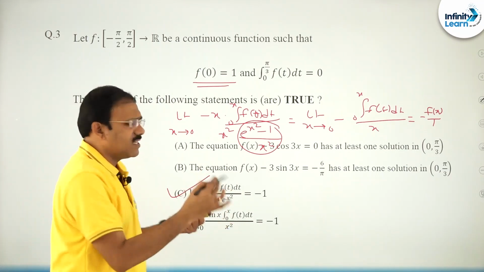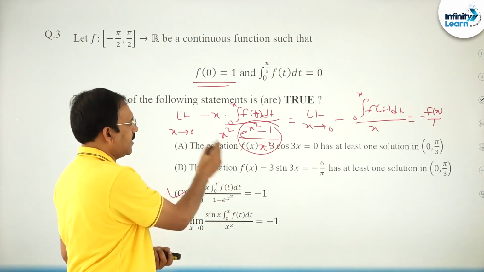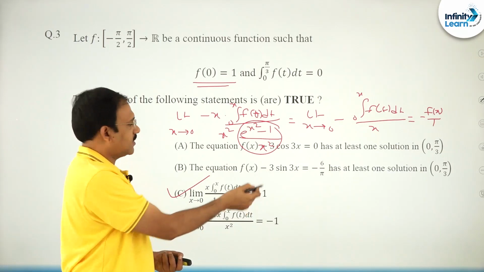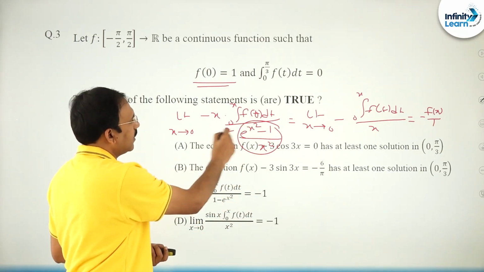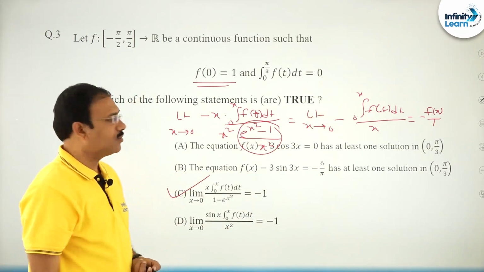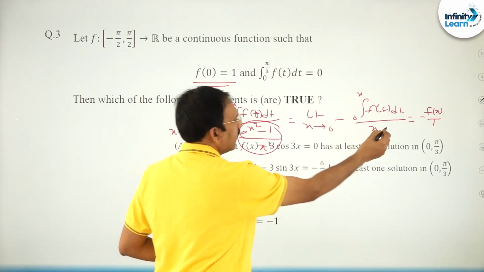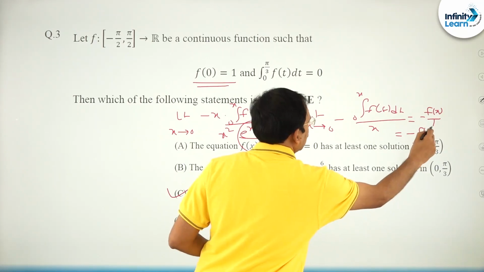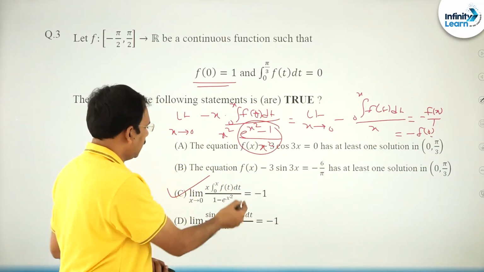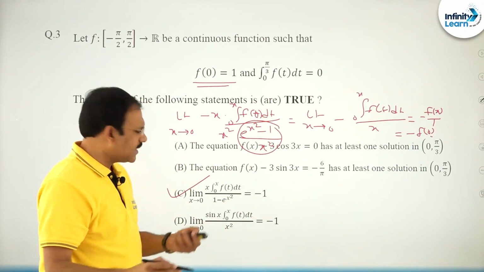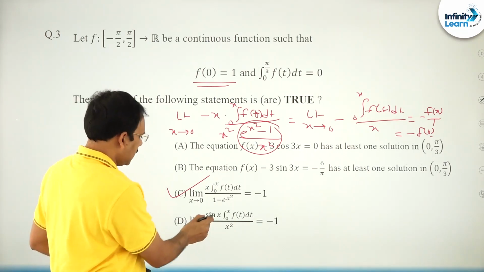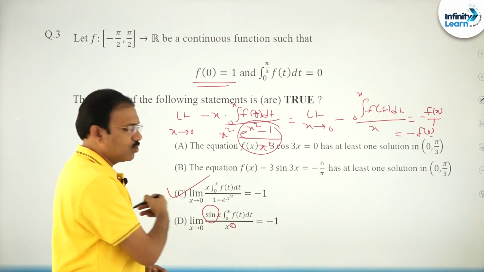Just a little bit of alignment: take minus common, divide and multiply with x square, this limit goes to 1. Now you just apply L'Hospital's rule by Leibniz formula; this is minus f of x at 0, which becomes minus f of 0, and f of 0 is 1, so minus 1 is the right answer. In the same fashion, sin x by x will go to 1.